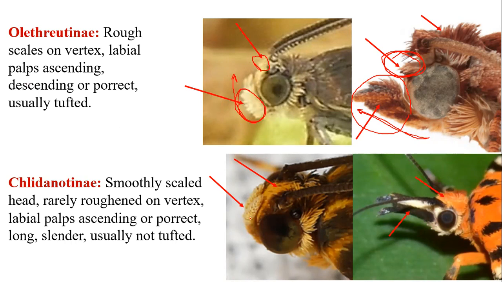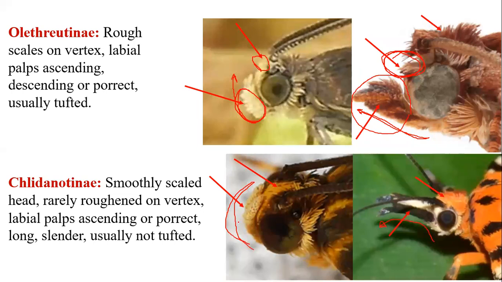Now, next, let's consider subfamily Chlidanotinae. In the case of their labial palps, they can also be ascending or porrect. You are seeing here in this image a Chlidanotinae subfamily member which has ascending labial palps. And in the second image, we are seeing another moth belonging to this subfamily which has porrect labial palps. But what's their characteristic on their labial palps?